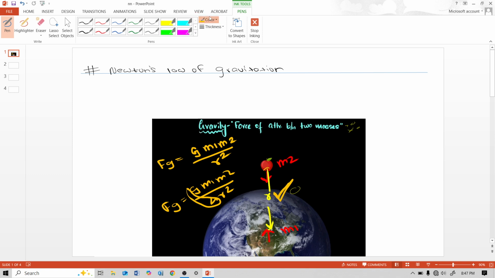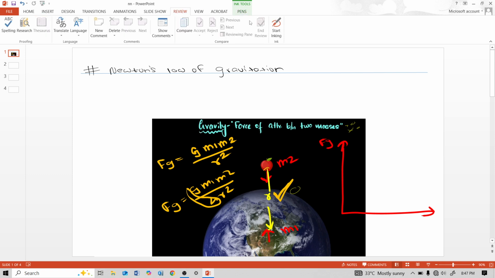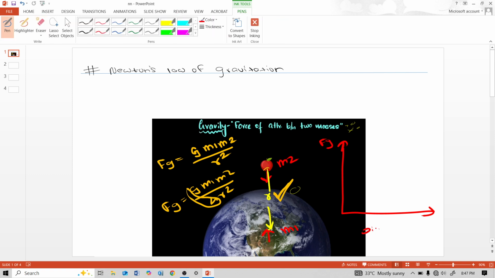So make a graph. Here it is Fg, that means force of gravity, and here r, that means the centroidal distance between any two objects, between apple and earth, like that. So we can write here distance, centroid between masses.